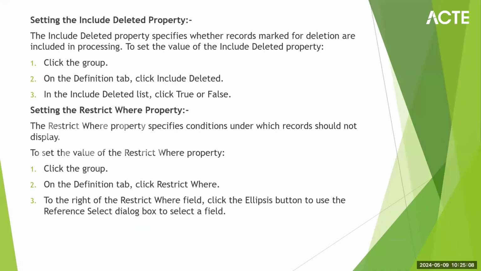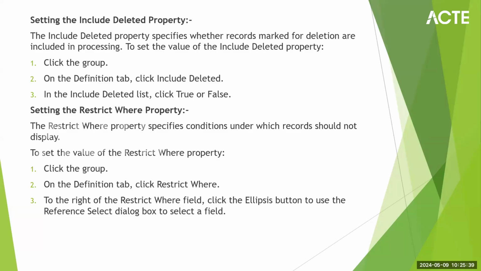Setting the include deleted property. The include deleted property specifies whether the records marked for deletion are included in processing. To set the value of the include deleted property, click on the group on the definition tab, click the include deleted list, and give true or false. If you give true, it will delete. If you give false, it will not delete. So why would you want it?